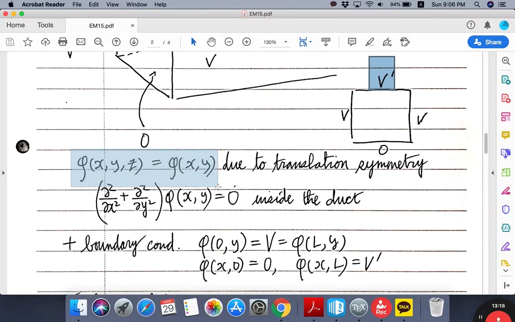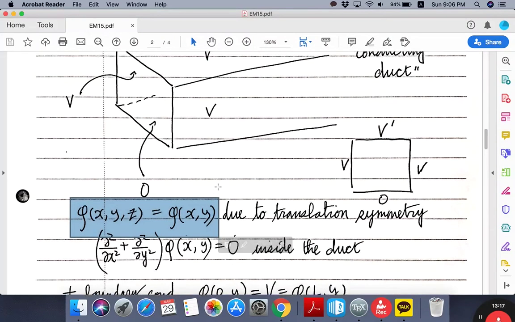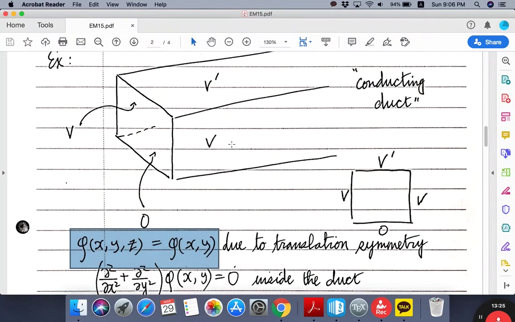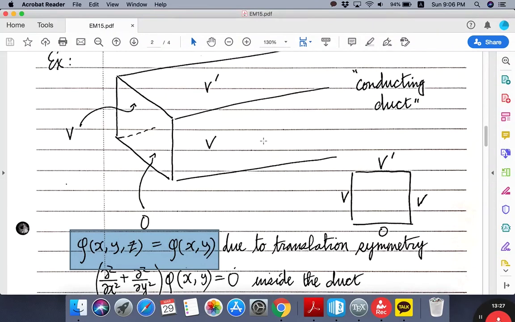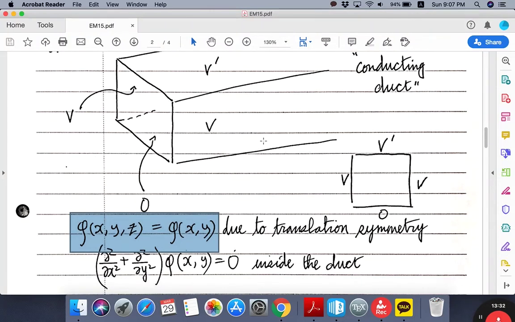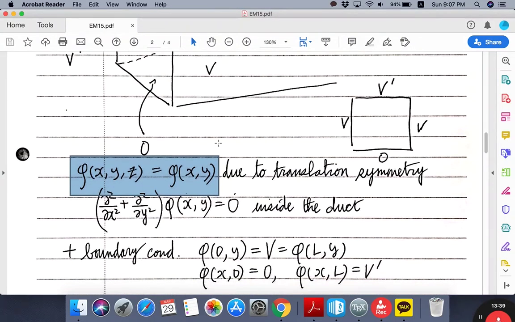First of all, due to the translational symmetry, it's clear that this will only depend on two coordinates, although this is a three-dimensional system. Along the third direction, the z-coordinate, there will be no change in the environment as you move along it, which therefore gives us the conclusion that the potential function cannot possibly depend on the coordinate in that direction.